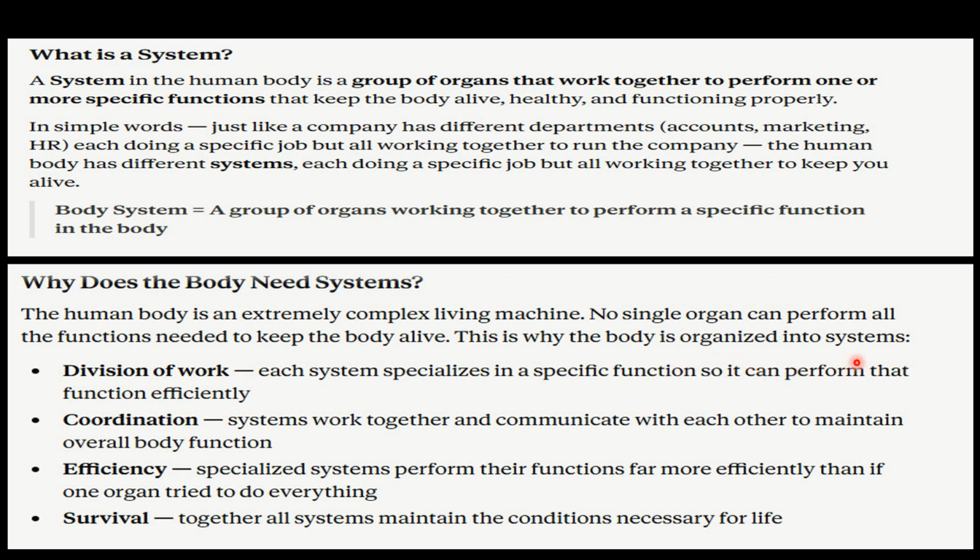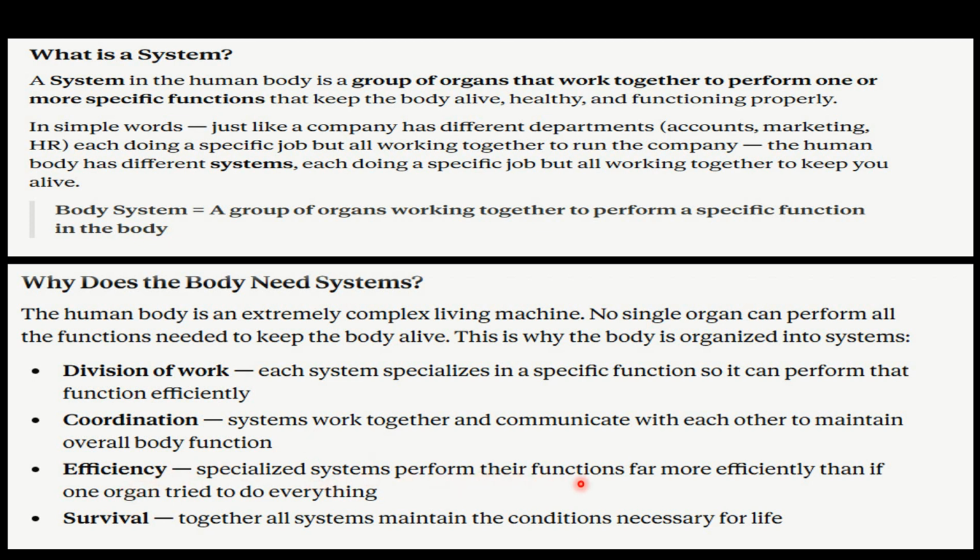So we know that the human body is very complex and a single organ cannot perform all the functions needed to keep the body alive. That's why it is organized into multiple systems. First importance is division of work. Each system is specialized in a specific function, so it can perform that function efficiently. Second is coordination. Systems work together and communicate with each other to maintain the overall body function. Next is efficiency.